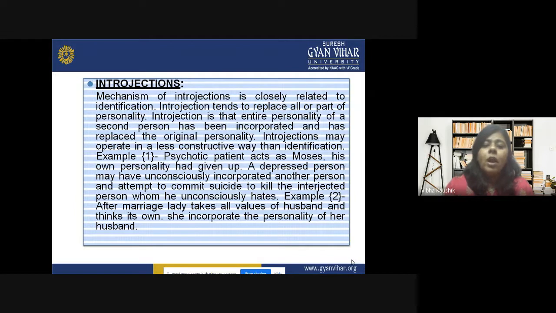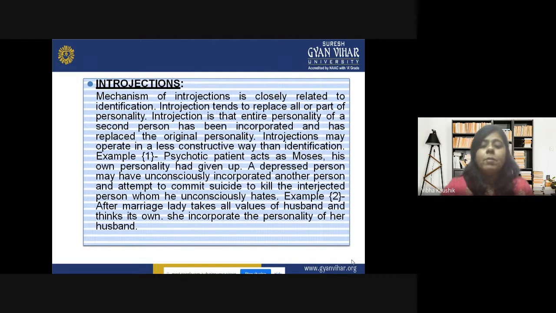Now, when we are talking about this defense mechanism, the entire personality of a second person has been incorporated, and it will replace the original personality of that particular individual. Introjection may operate in a less constructive way than identification.